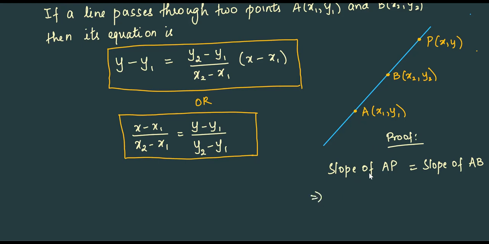They are on the same line. The slope of AP is (y minus y1) by (x minus x1), which is equal to the slope of AB, (y2 minus y1) by (x2 minus x1).